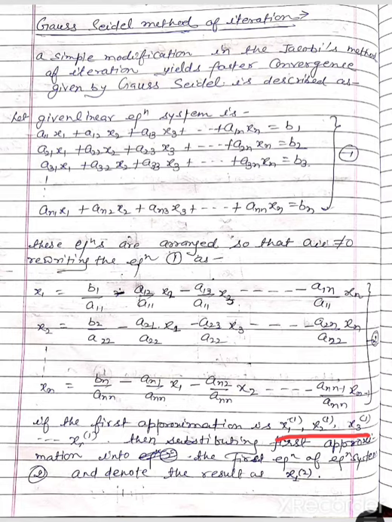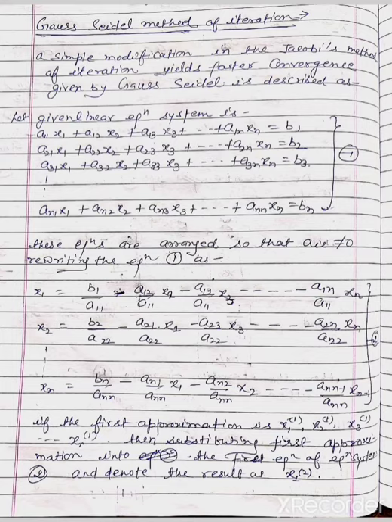Then we substitute this first approximation into the first equation of the equation system 2 and denote the result as x1 with superscript 2. Here the superscript 2 represents the second approximated value of x1.